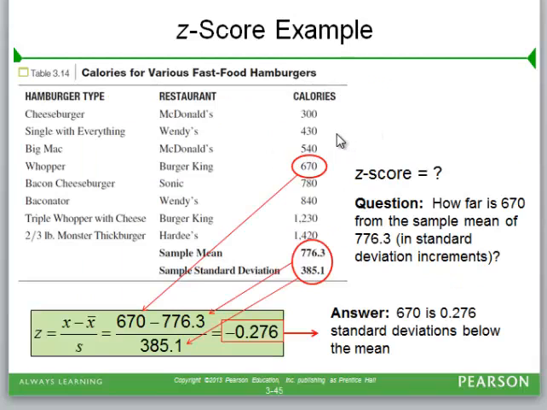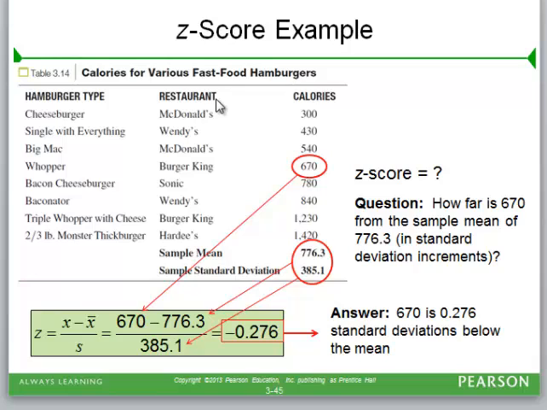Let's check this example to better understand the relationship between the z-score, the mean number and the standard deviation. This example lists the calories for various fast food hamburgers, different hamburger types from different restaurants.